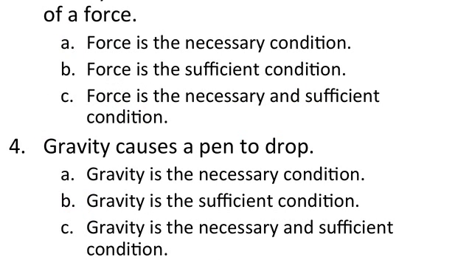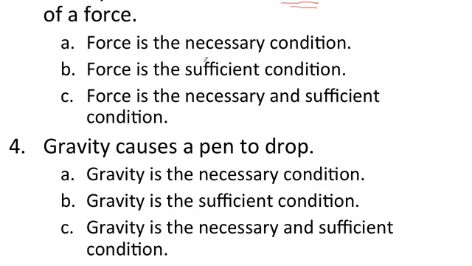A body won't accelerate without the action of a force. When you see the word without, or without which, we're talking about a necessary condition. So the action of a force is necessary for acceleration, or absent the action of a force, we won't have acceleration.